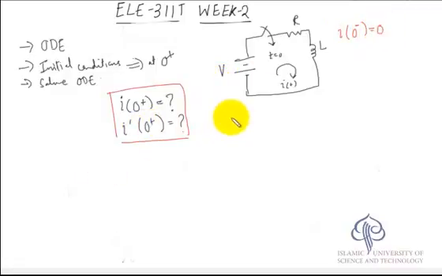So from our knowledge of the inductor, we know that since the source V is a constant DC source, it does not contain impulses. Impulses or the derivatives are absent.